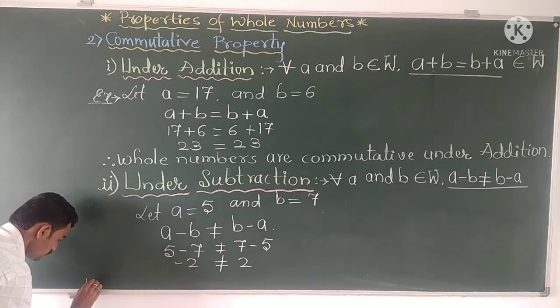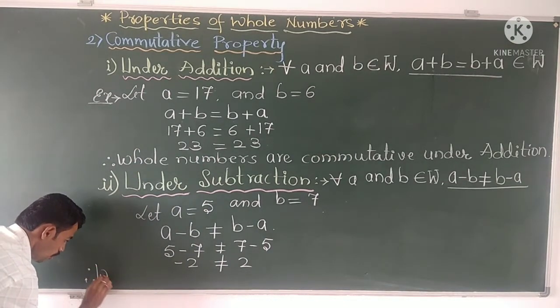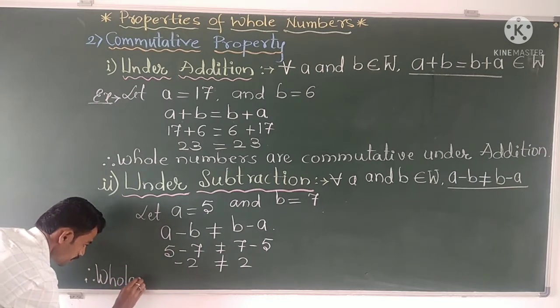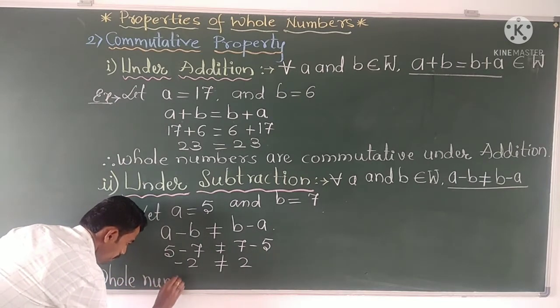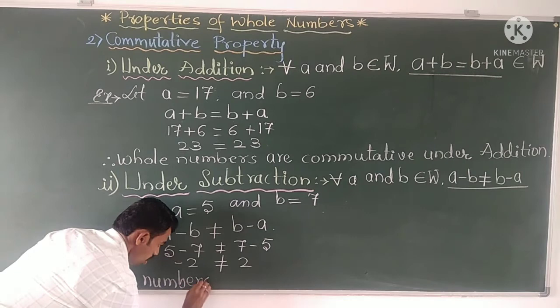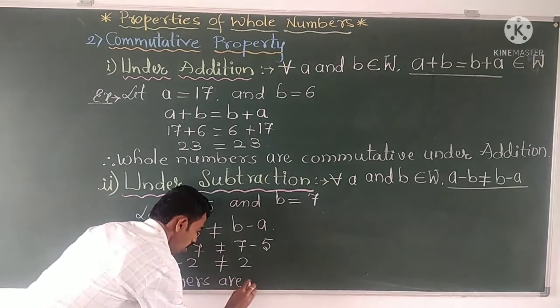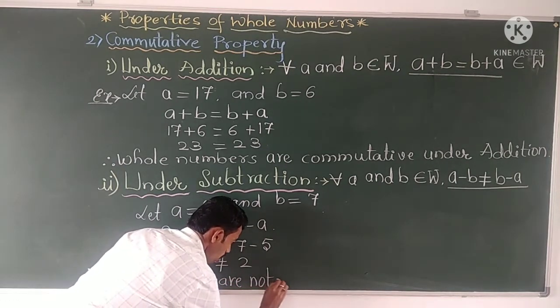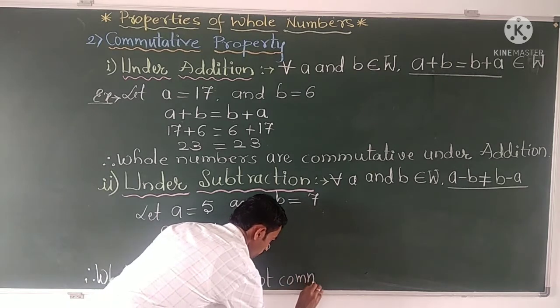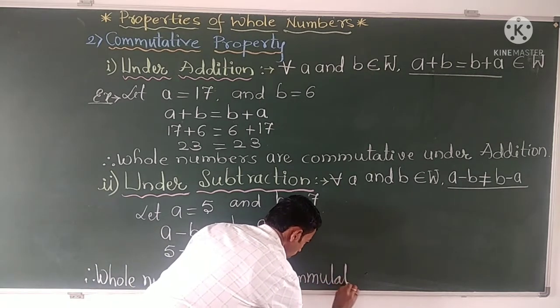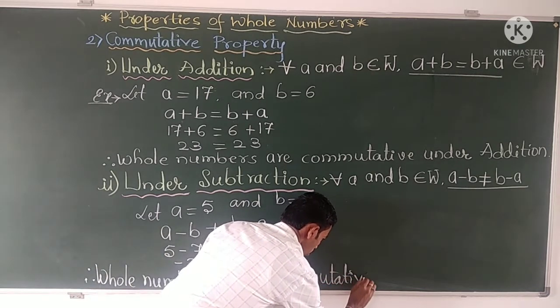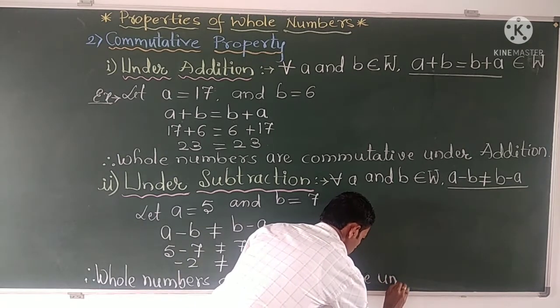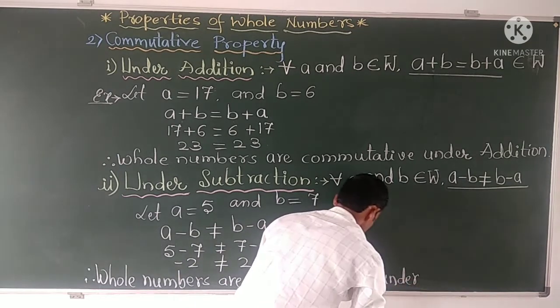Therefore, whole numbers are not commutative under subtraction.